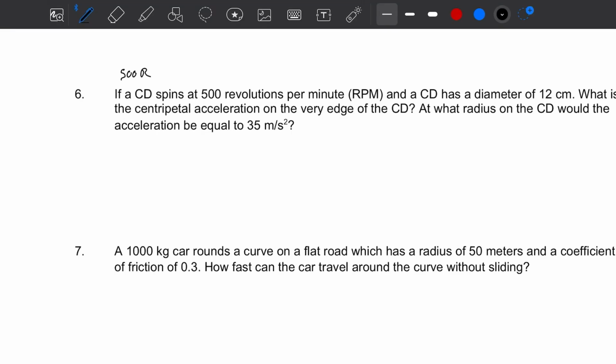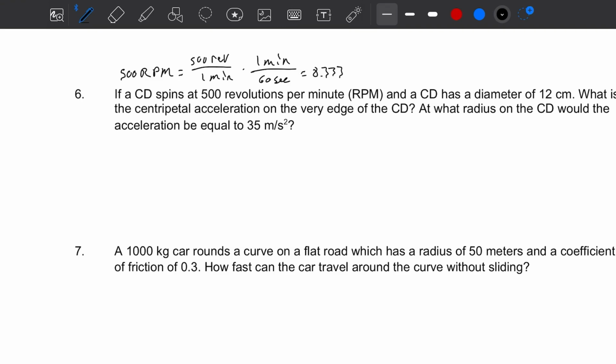Let's find the easiest. If a CD spins at 500 revolutions per minute, well, that's frequency. That's how many times you can do it in a set amount of time. We want to know how long does it take to do it once. So let's put our 500 revolutions over 1 minute and say 1 minute is 60 seconds. That tells us how many revolutions per second, because if we want seconds per revolution, we're looking for the inverse of that frequency.